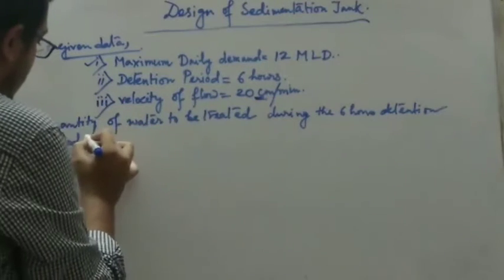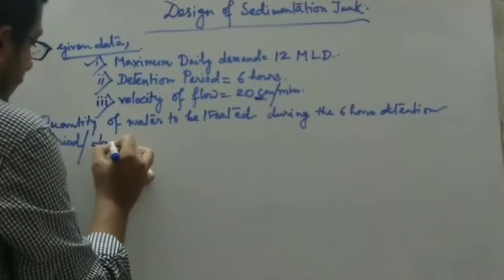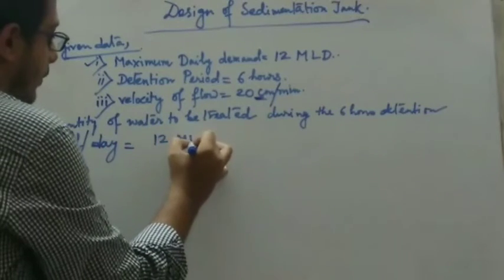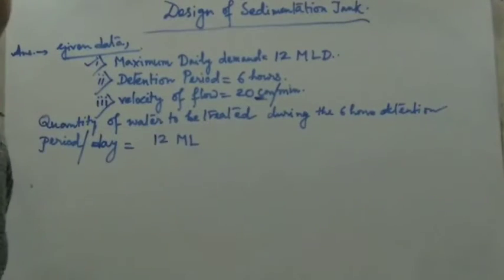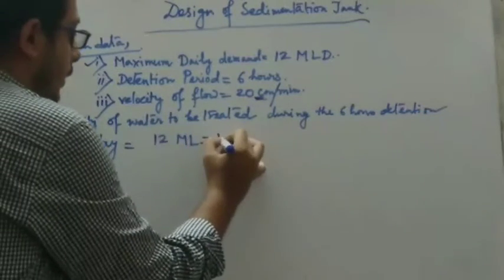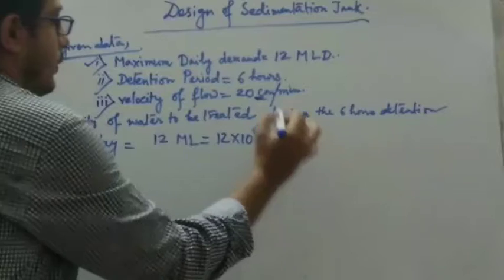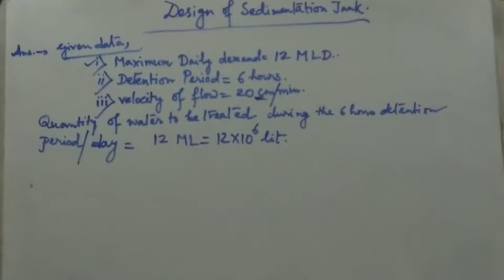So per day, this will be 12 million liter, which we can write as 12 into 10 to the power 6 liter. Now per hour, what will be the value?